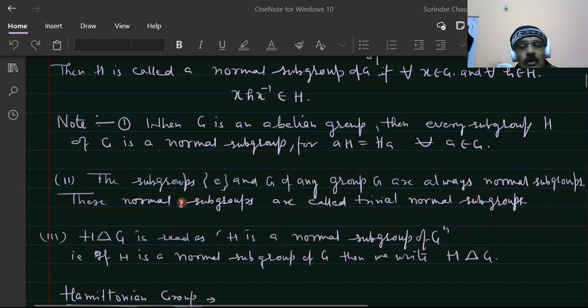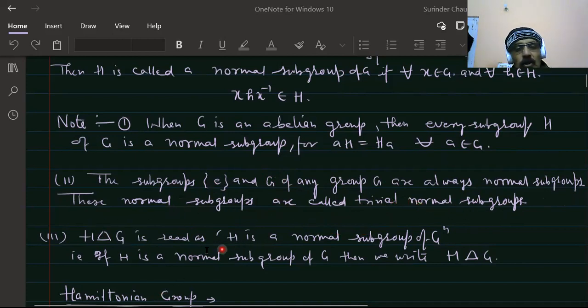We will discuss the proper subgroup of a group G which is to be normal, because the set consisting of the identity element and the set consisting of all the elements of G act as normal subgroups.